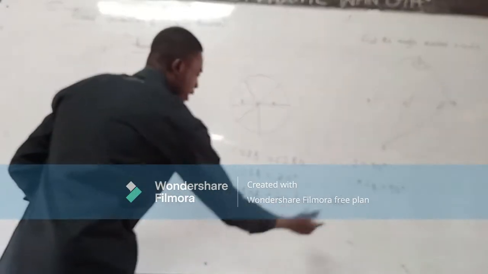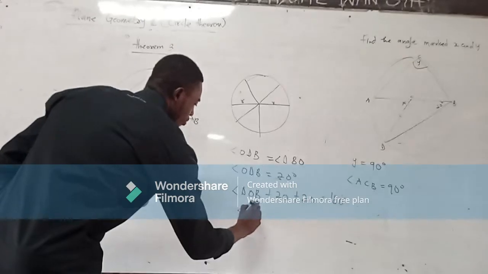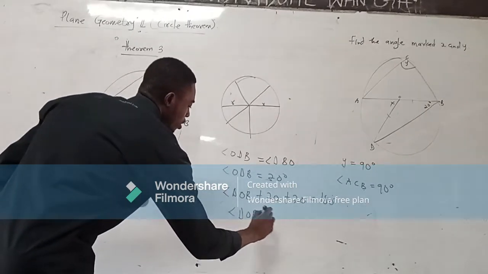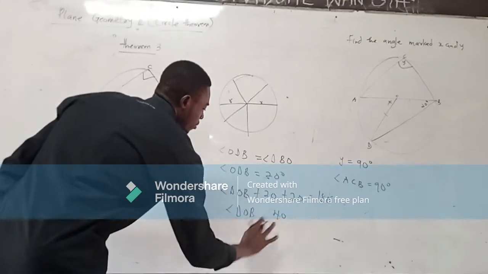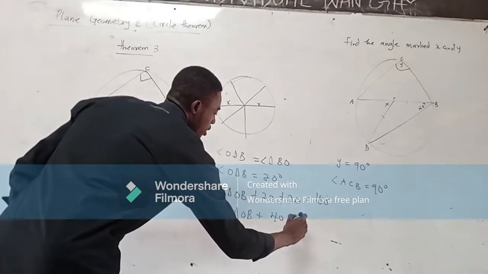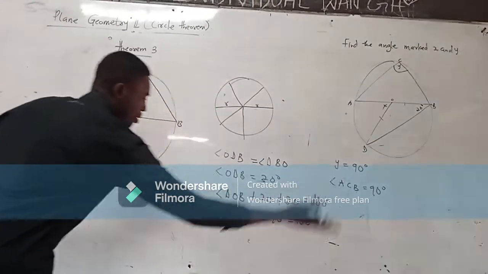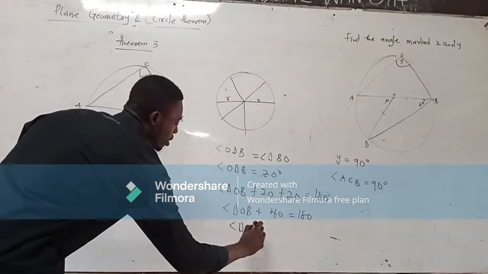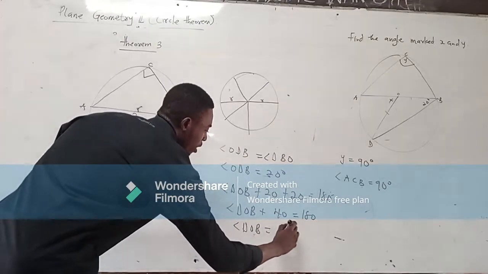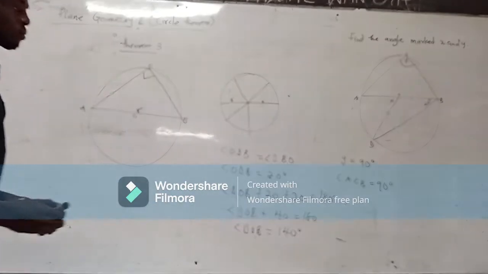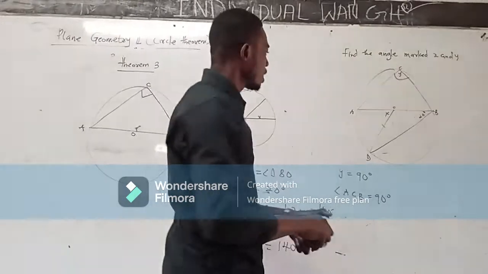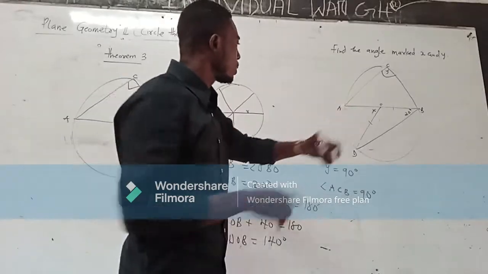Then you can group like terms and find that DOB will be equal to 180 minus 40. So DOB will be equal to what? 140 degrees.